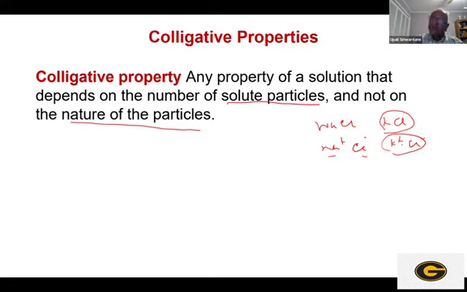So if you have a glucose solution which has the same number of particles as sodium and chloride ions, that same number will have the same effect on the freezing point depression, boiling point elevation, and the osmotic pressure.